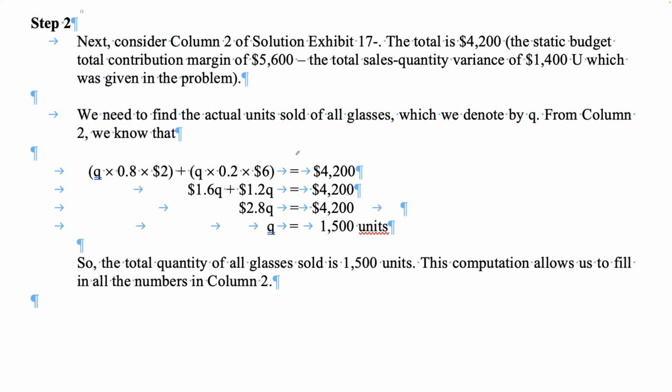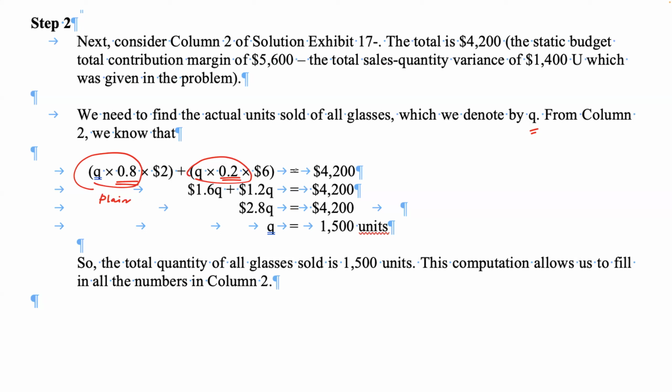So I assume the total actual units sold is Q. That's the total Q sold. I use my budget sales mix. This tells me the number of units for plain, times 2, and this is my number of units of the check, times 6.